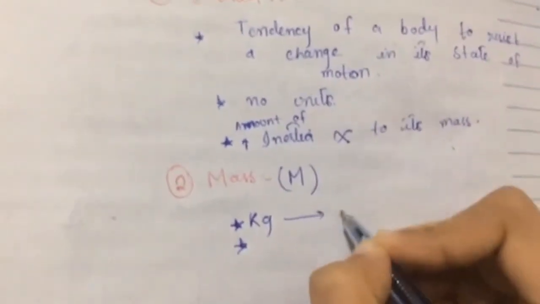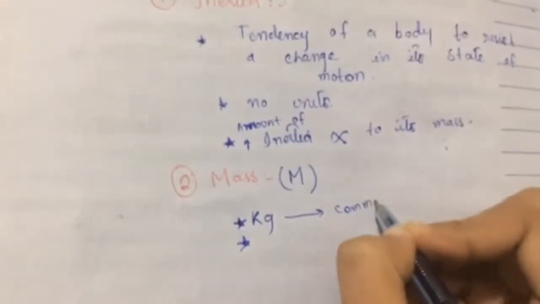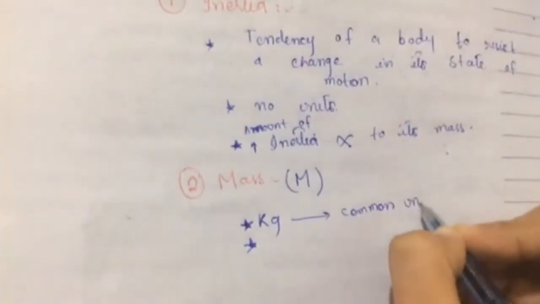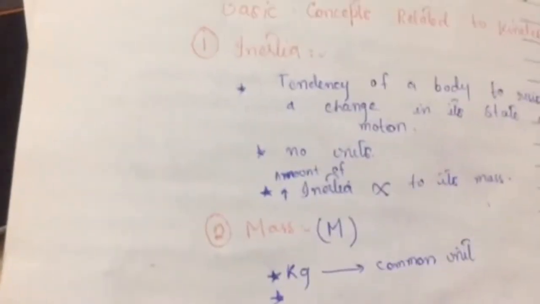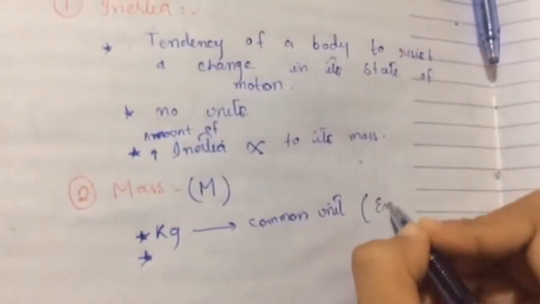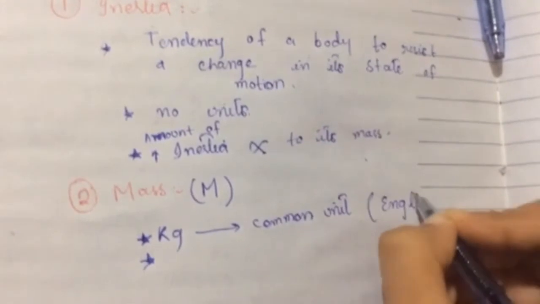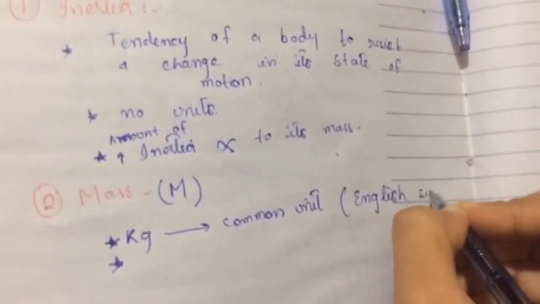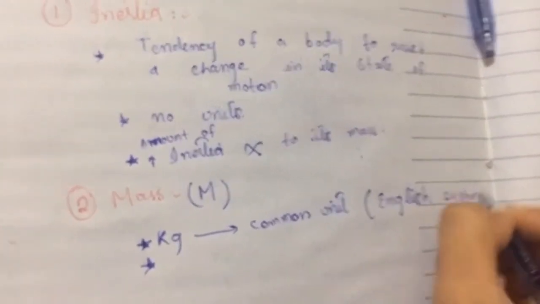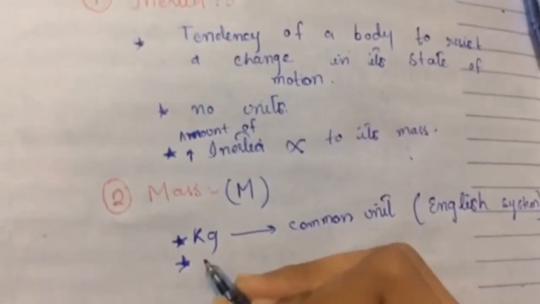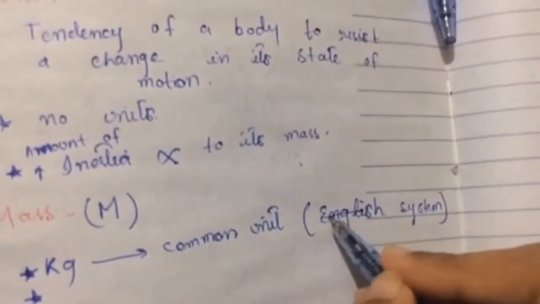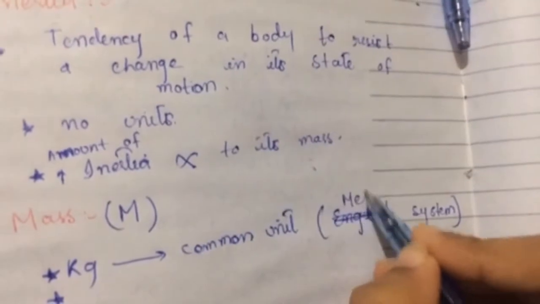Kg is the common unit, because we can use it in our daily life. So this is the common unit, and this is related to the metric system.